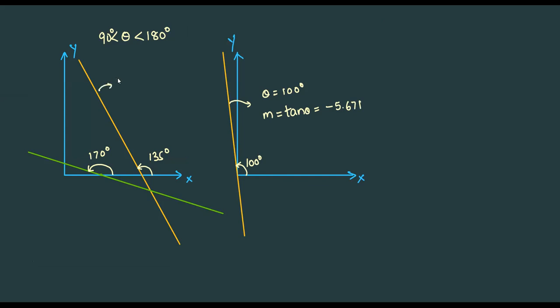So here theta is 135 degrees and tan theta, M, is minus 1. And then this one, 170.